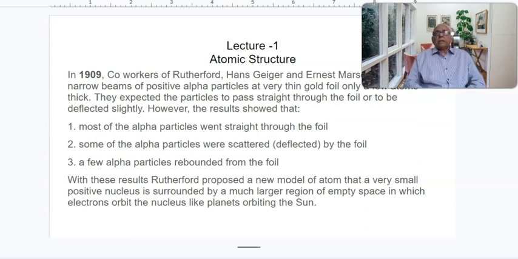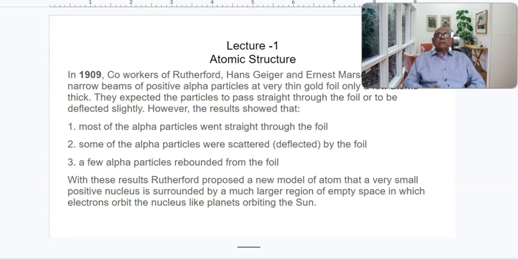And then with his co-workers Hans Geiger and Ernest Marsden, a positive alpha particle beam was passed through a thin gold film about 2 or 3 atoms thick.